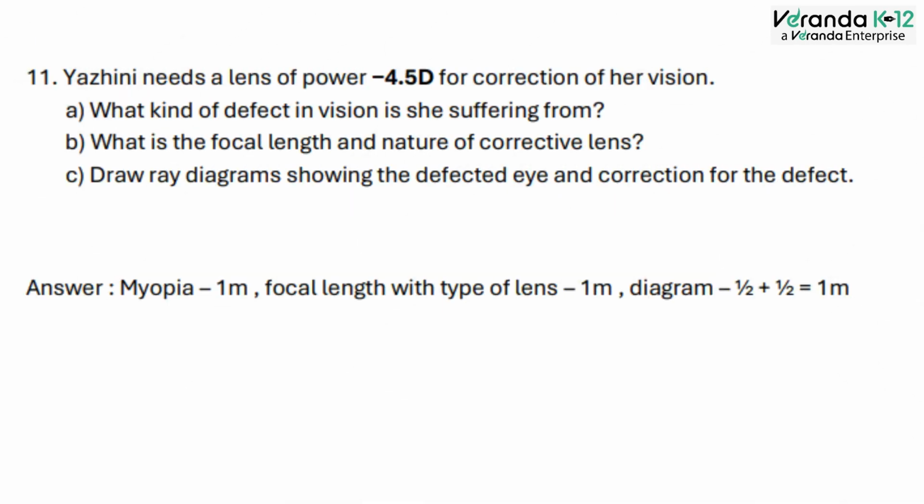Now, question number 11. Yarini needs a lens of power minus 4.5 diopter for correcting her vision. Question A. What kind of defect in vision is she suffering from? The answer is she is suffering from myopia or short-sightedness, which means she cannot see distant objects properly.